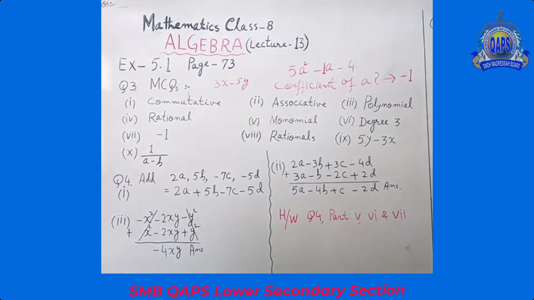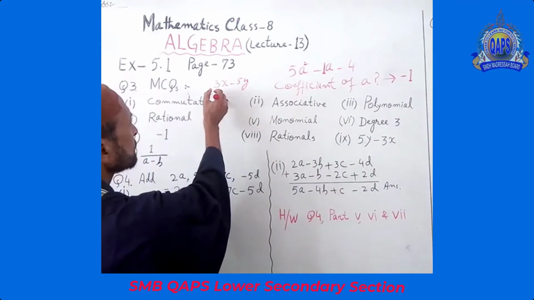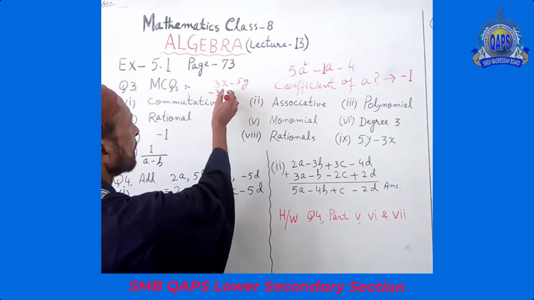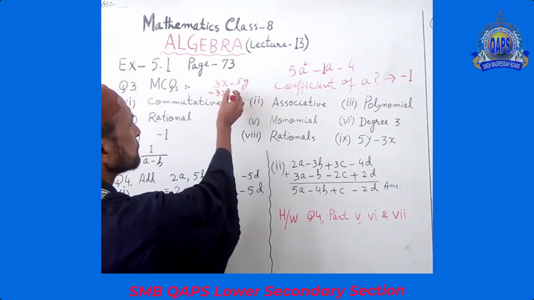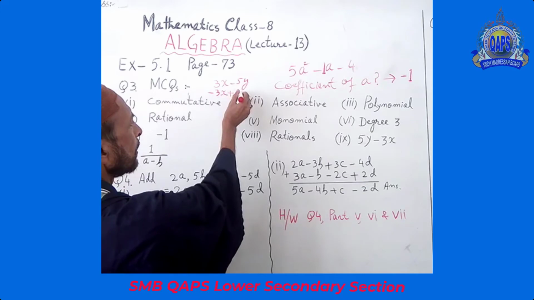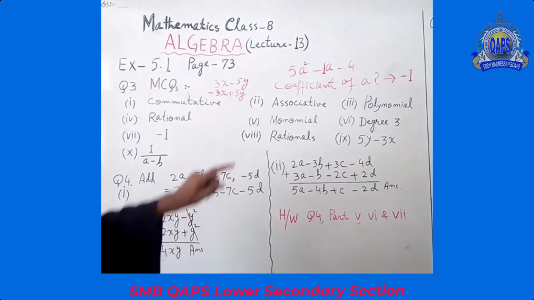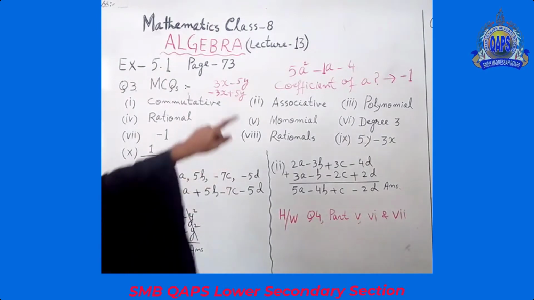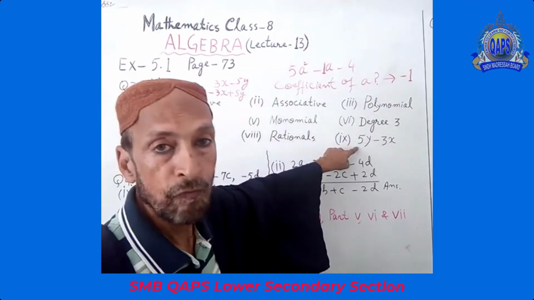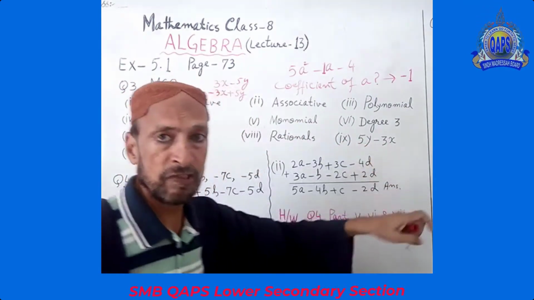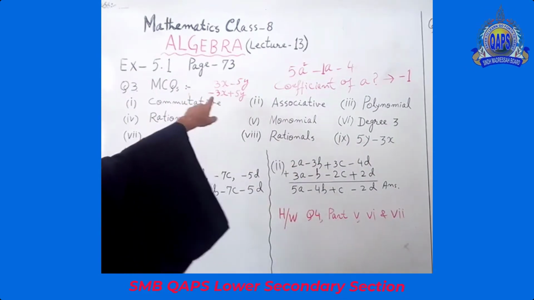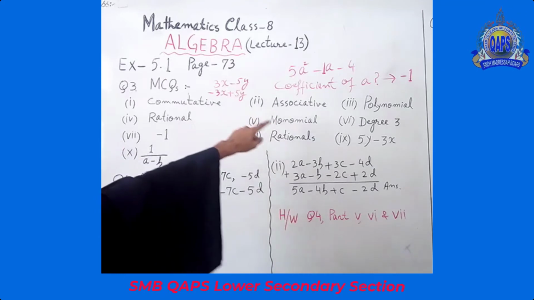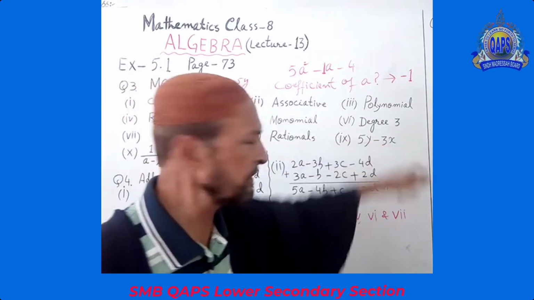You see, it will be minus 3x and it will be plus 5y. So we can write 5y minus 3x. This answer is correct. Minus 3x plus 5y, but we can write it 5y minus 3x.